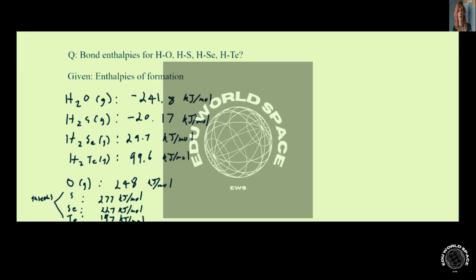All right, so the approach that we'll want to take for this is a Hess's law approach. Ultimately, we're going to construct a reaction where all that happens is we break two bonds to form the elements in their gaseous state, because delta H of the reaction is just the sum of the delta H of formation of the products minus the same thing for the reactants.